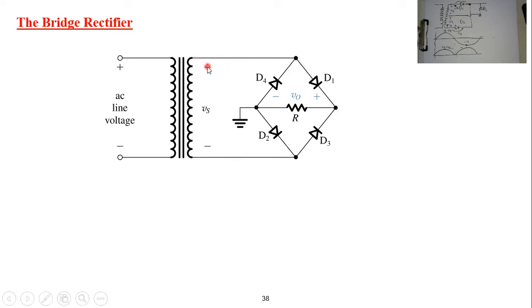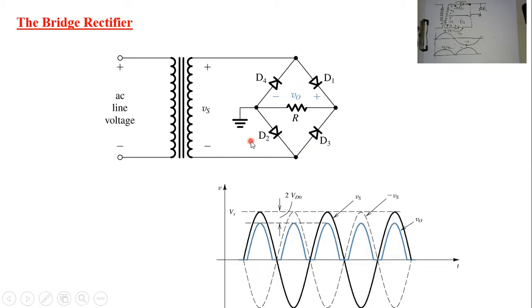However, when you are in the negative half cycle, so this Vs terminal is negative, that means you will start your journey from here. This will be the positive terminal. So you will start with D3, go through the resistance, and then D4, where D1 and D2 will be off.